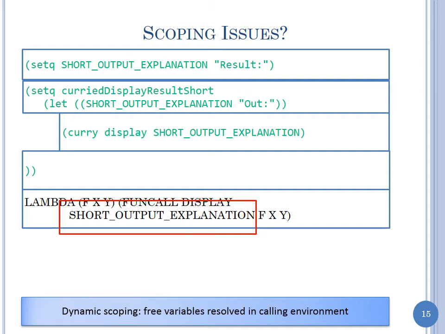Because on top of that environment, we create a new scope. There's one level, and here we'll have to have another level now. We'll have one level for the supplied arguments and one for the unsupplied arguments. And that will create problems.